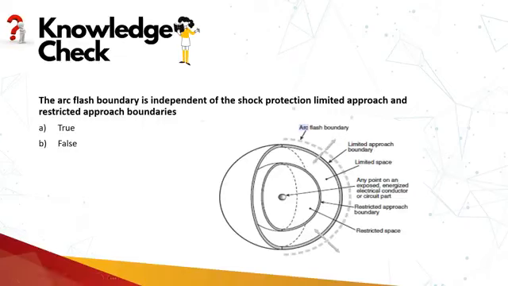The arc flash boundary is independent of the shock protection boundary, the shock protection limited approach, and the restricted approach boundary.